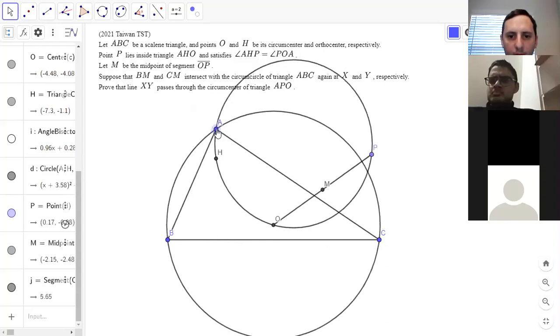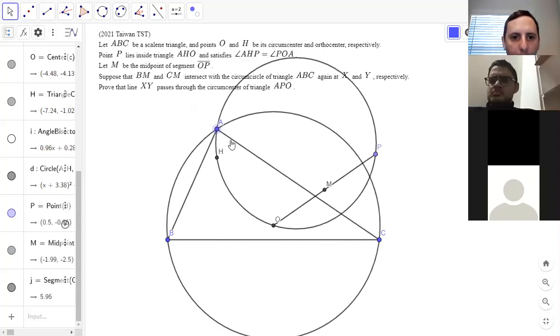I think that's good. And then BM and CM intersect the circle at X and Y.